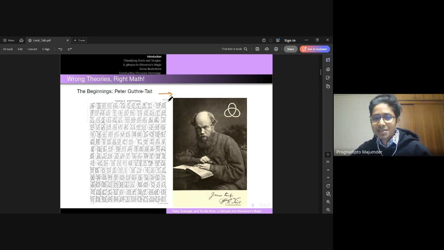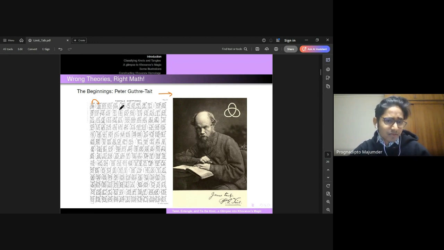Now, the main question is, from this figure, how can you say that these are all the same and these are all not the same? That's the first question. How can you say that this knot is not the same as this one? And point number two is, how do you say these are all the possible knots of 10 crossings? That one he tried to prove.